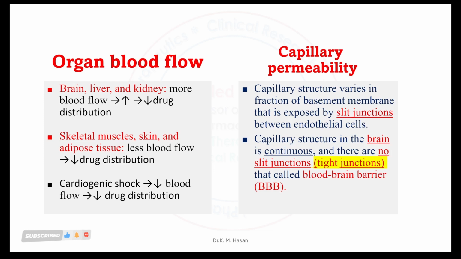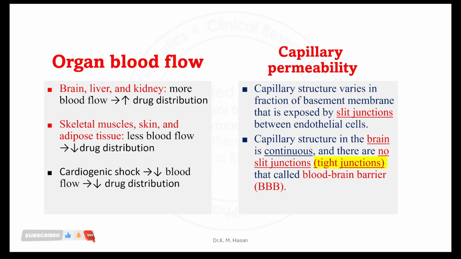Okay, regarding the organ blood flow, as we know, some organs are considered rich in blood flow. They have more blood flow, such as brain, liver, and kidneys. Okay, so let me correct that here.